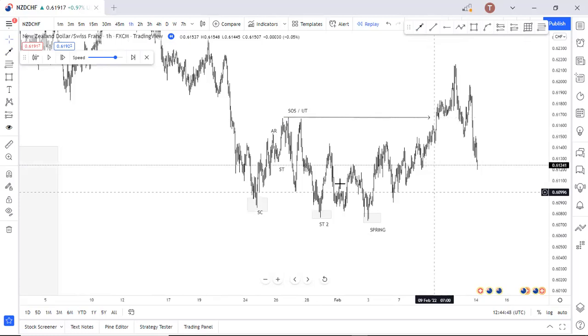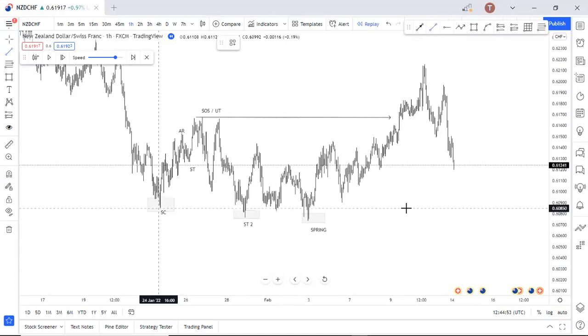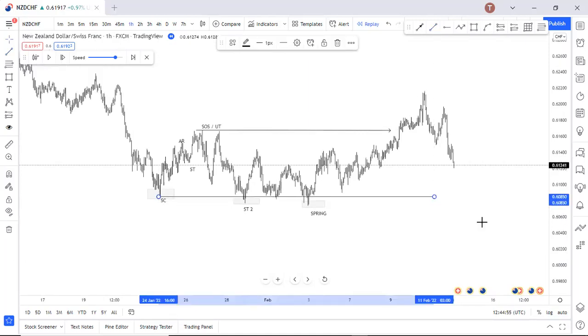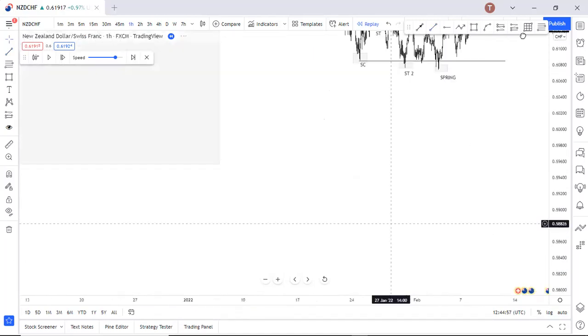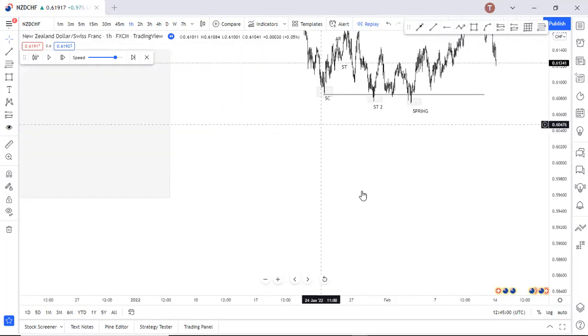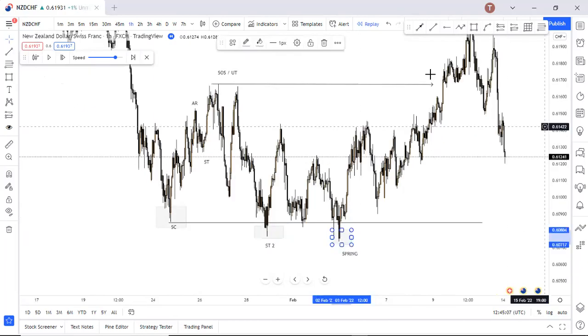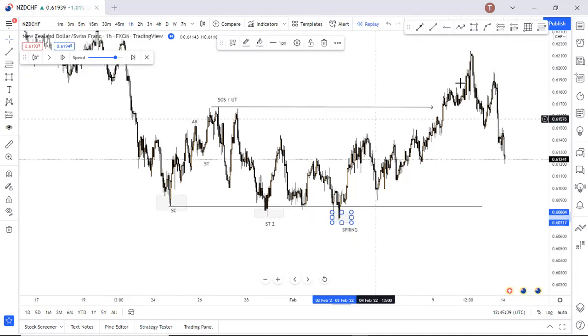From the example that I gave in my little diagram, let's go back into it. Okay, can't find it now. So for me to know this spring is a confirmed spring, it needs to break above this, and now we've broken above the UT.